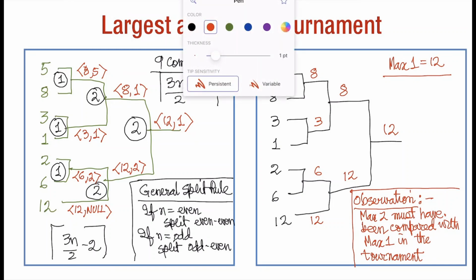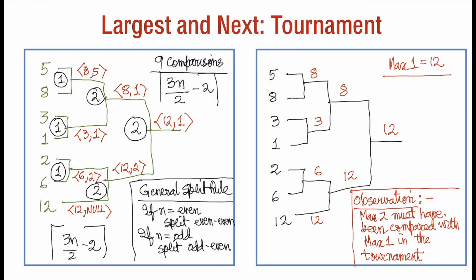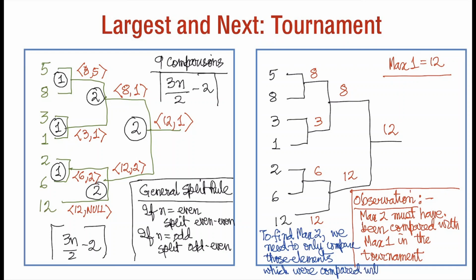Now the interesting part is, to find the second largest element, to find max 2, we need to only compare those elements which were compared with max 1.